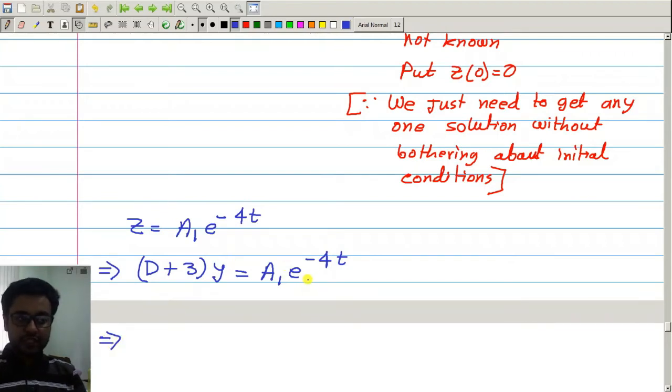Now again this is a first order differential equation. Input is of the standard form, polynomial multiplied by exponential.